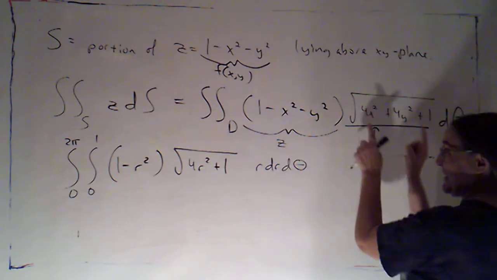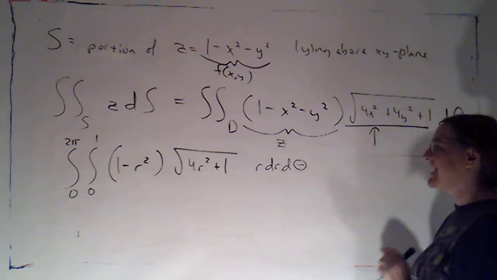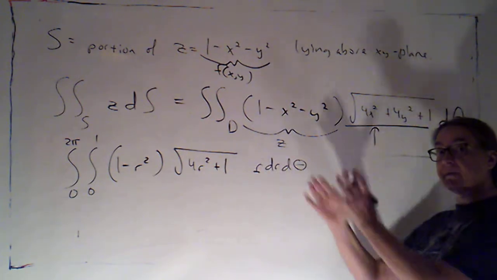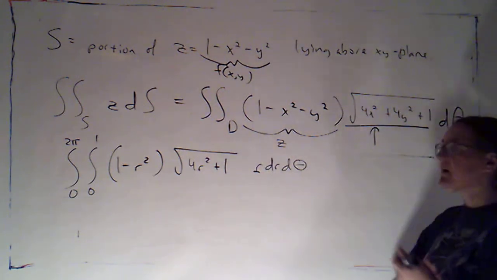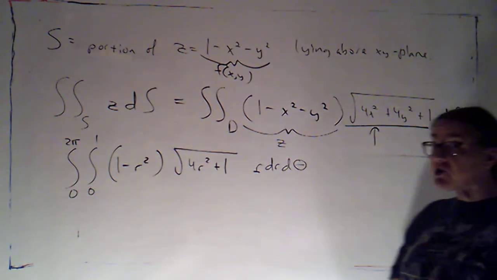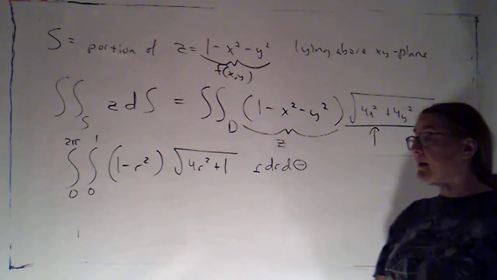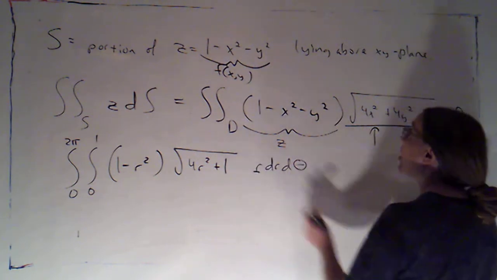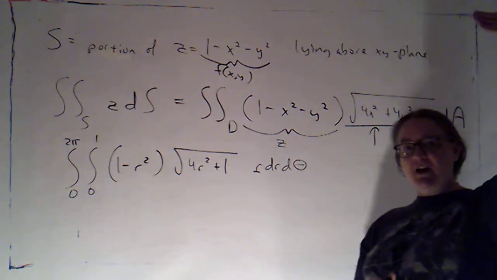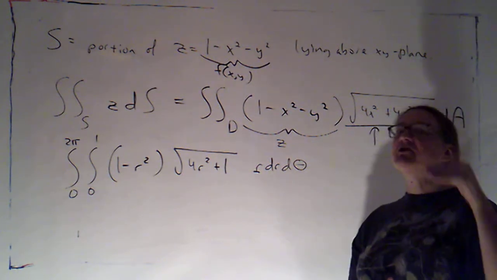I'm switching from x's and y's to r's and thetas, so I've got another scaling factor so that I can switch from integrating dx dy to dr d theta. Okay. If I had parametrized originally with r and theta as my parameters, this factor of r would have shown up in the original scaling factor that allowed me to switch from ds to dA.